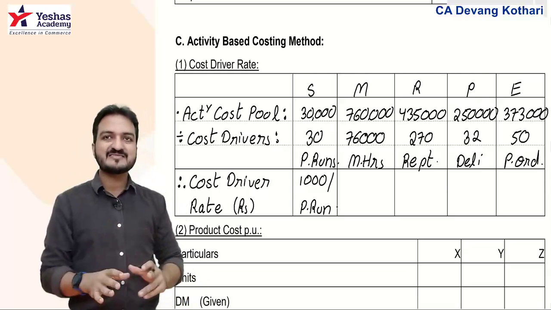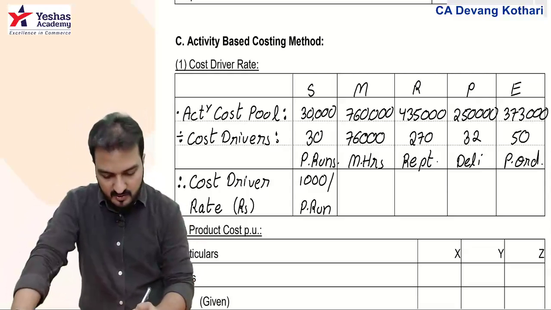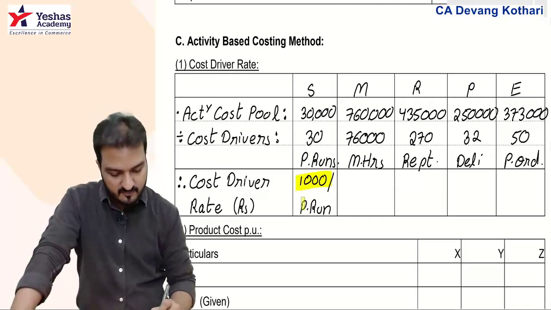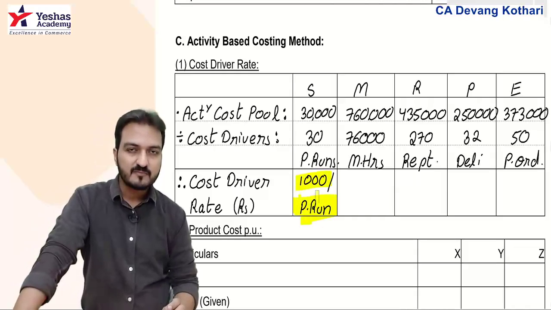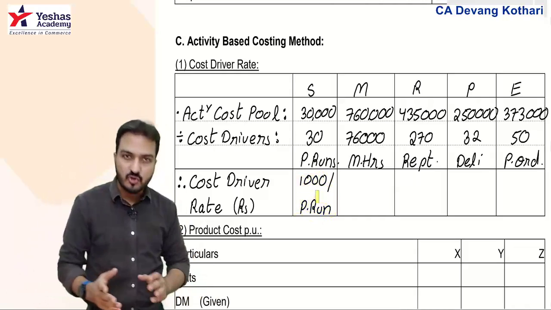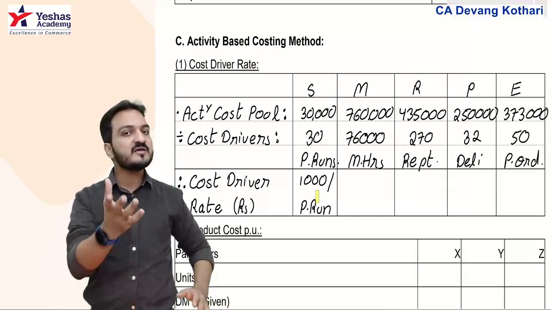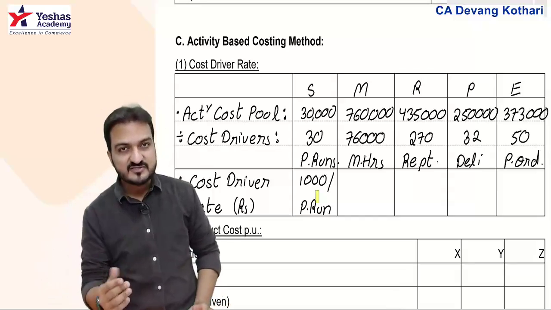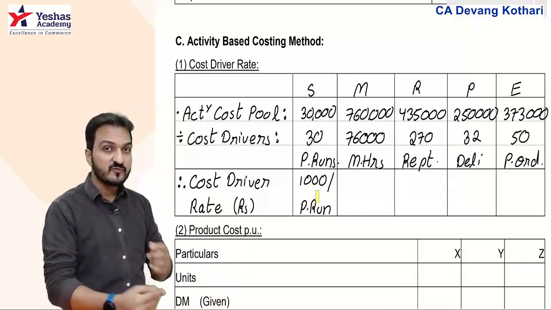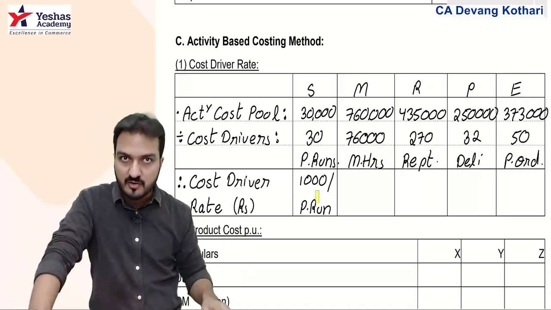Look, when you express your cost driver rate, please do not only write the number, you have to write the unit of measurement there. Because I've told you since yesterday that for activity based costing method, the unit of measurement which I use in the rate is different. Because it is different, you have to mention what is the unit of measurement in each case. So for setup cost, my unit of measurement is per production run.